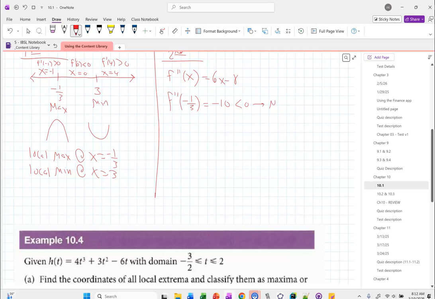That's less than 0, so that's a maximum. If I plug 3 in, that's 18 minus 8, so that's positive 10. So that's a minimum. So we're done. We have a local max at x equals negative 1/3, and a local minimum at x equals 3.